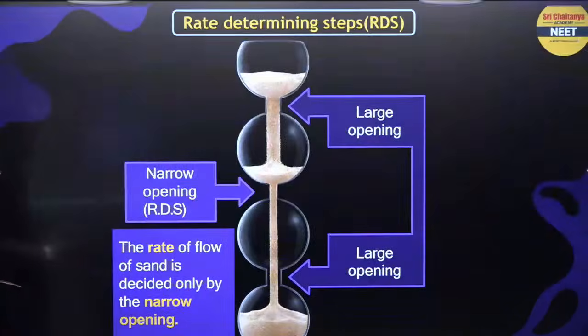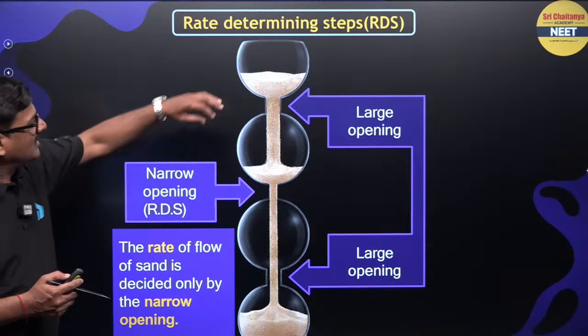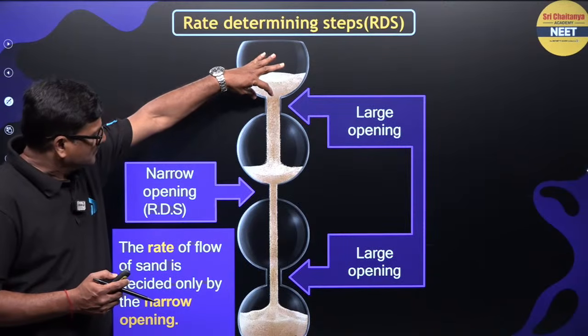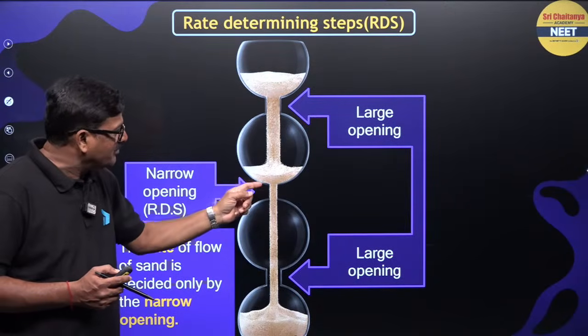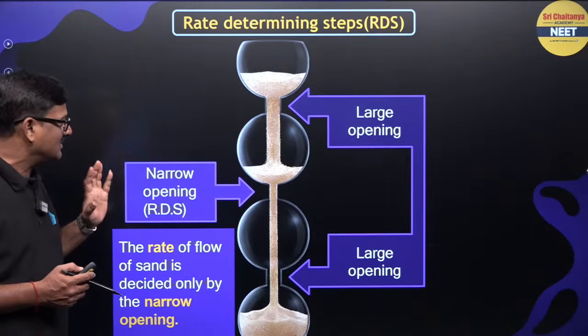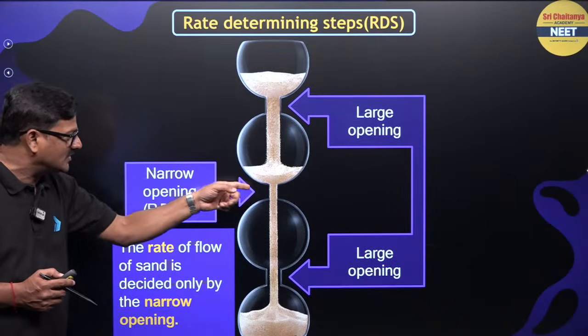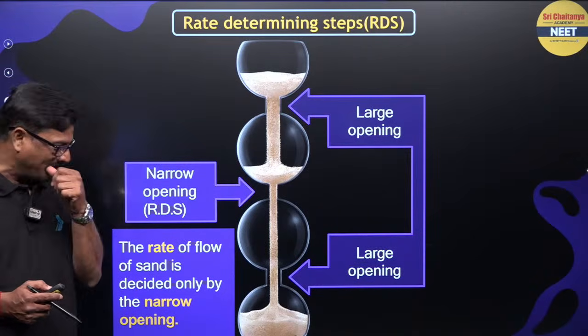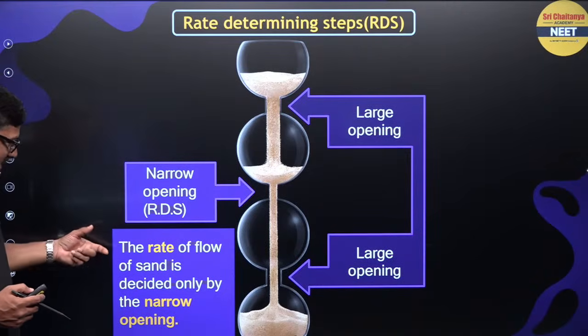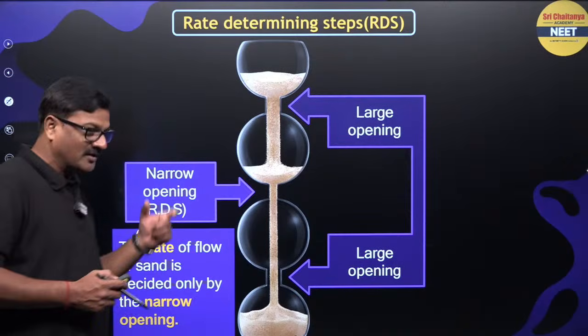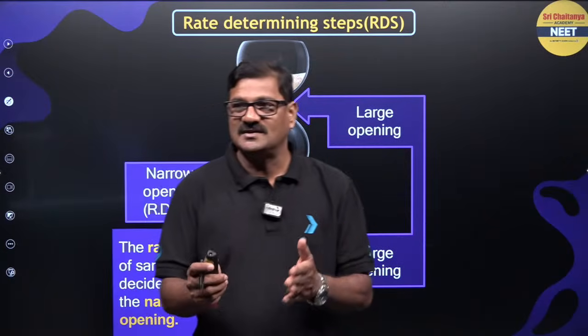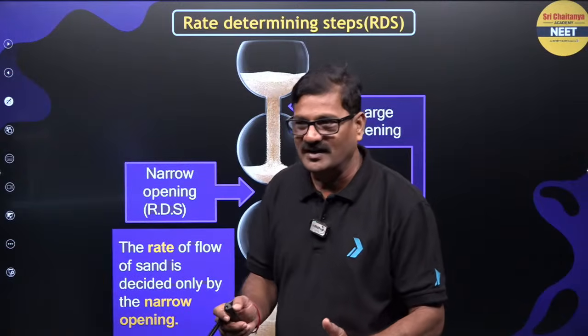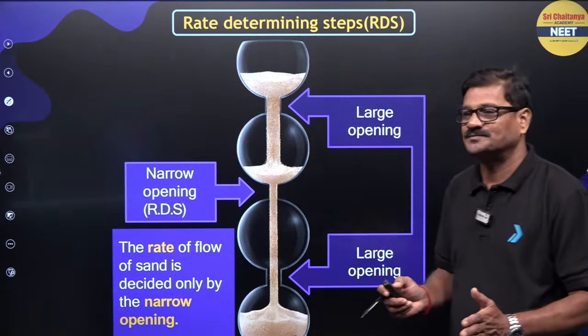Now let us see one more picture here. There is a large opening and a large opening, and in between a narrow opening here. This is step 2 in this flow. This step 2 is the rate determining step, isn't it? The rate of flow of sand is decided by the narrow opening only. You correlate this in chemical kinetics, isn't it?